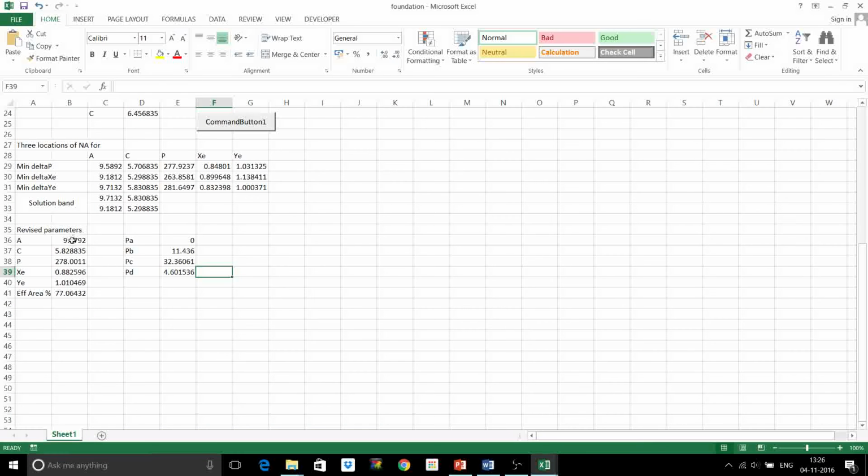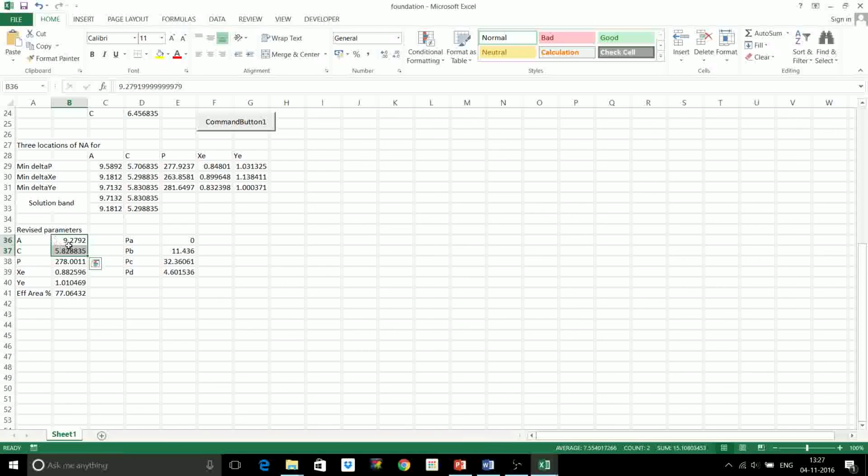After getting the values of A and C, you can very easily find out this neutral axis cutting to which edge of the foundation, because if you see A is greater than L, then it is cutting to AB.